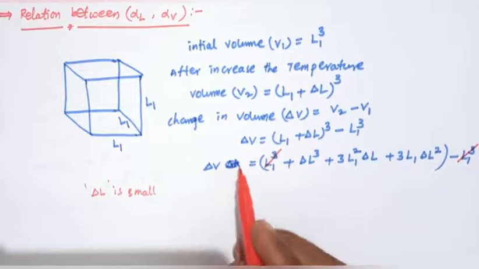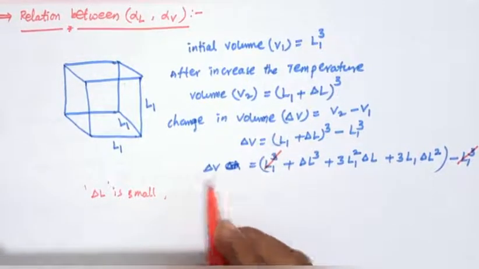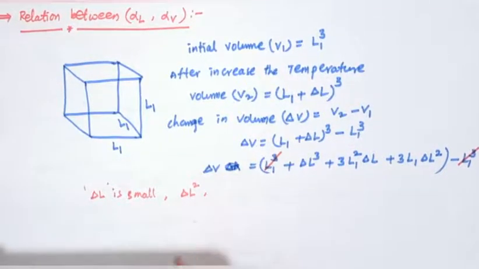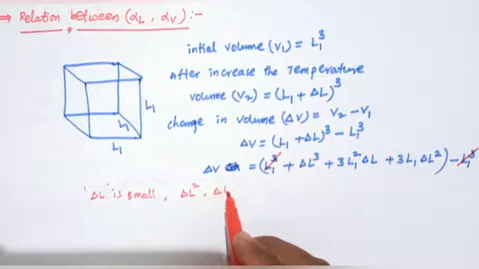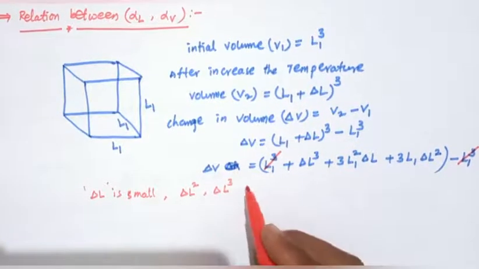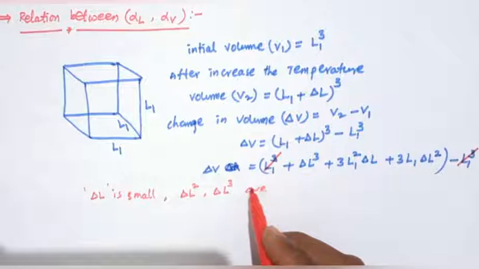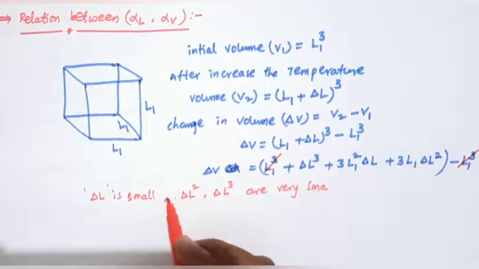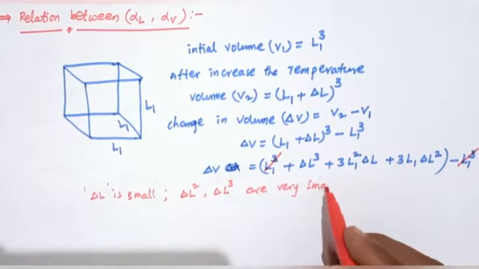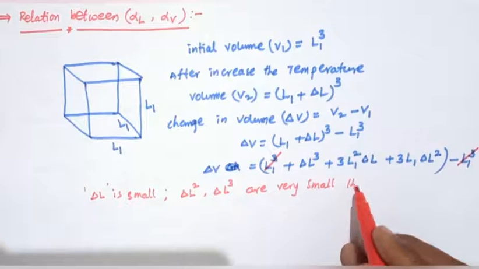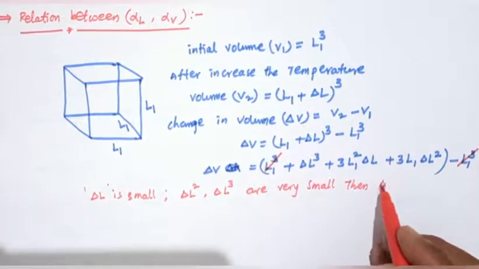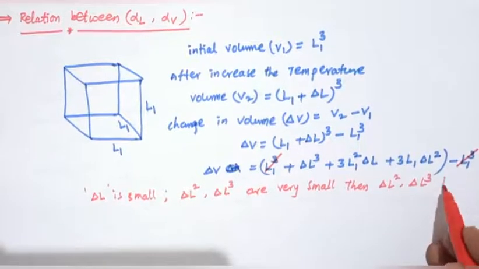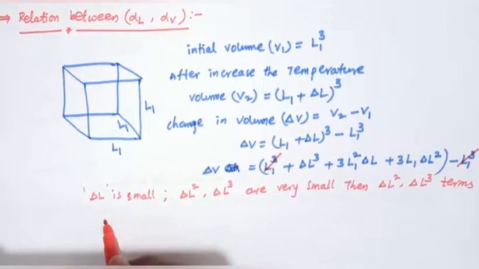So delta L square and delta L cube are very small and are neglected.